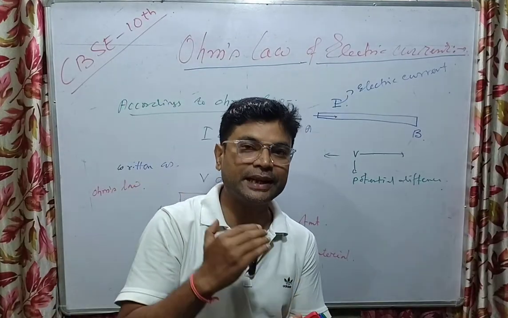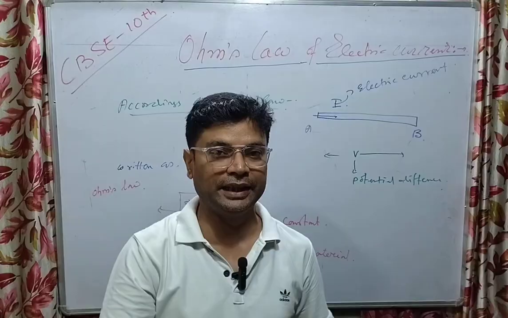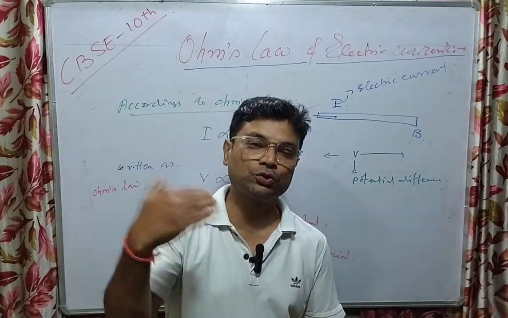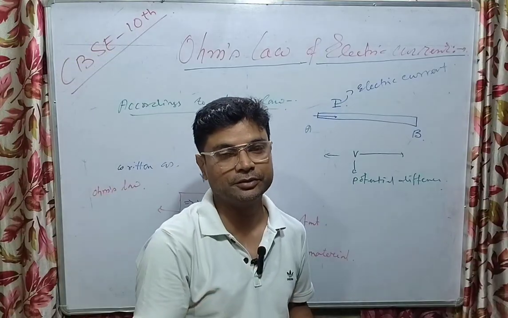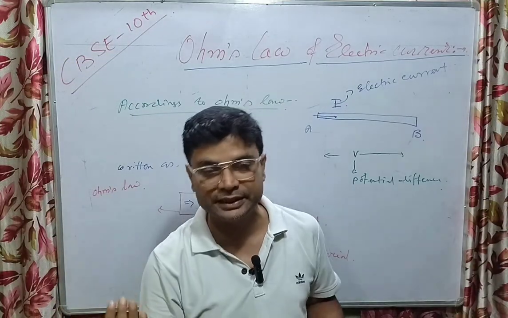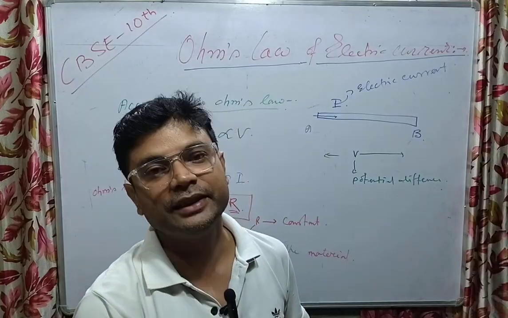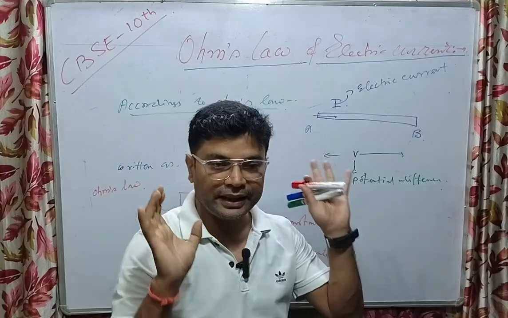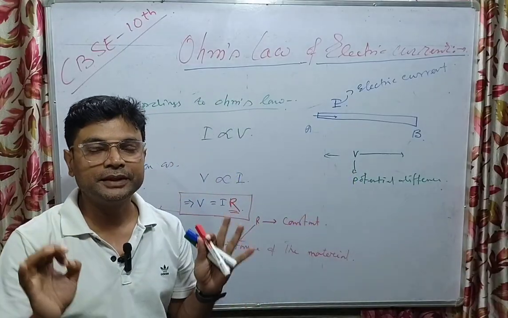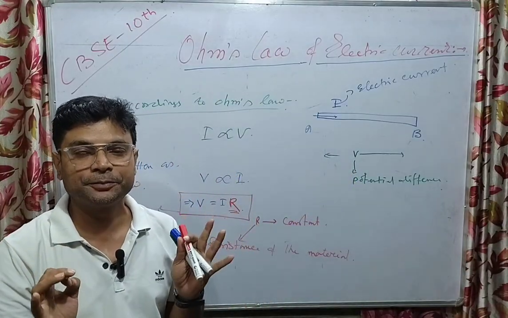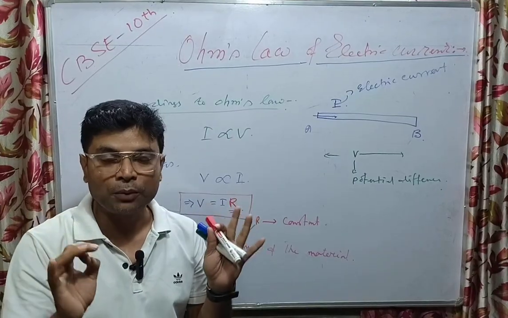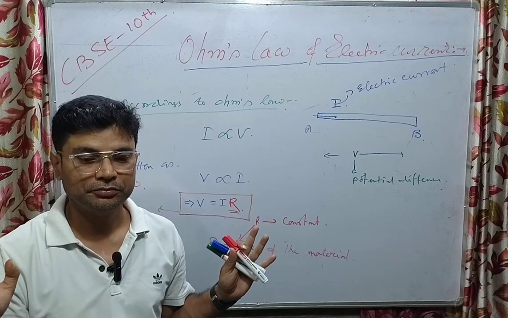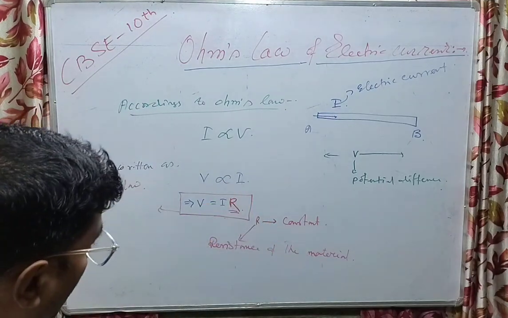If resistance of any conductor increases, the flow of charge, meaning the amount of current passed through that conductor, will decrease. If resistance increases, current decreases. Clear? Again I repeat, resistance is the property for which it obstructs the flow of charges through a conductor.